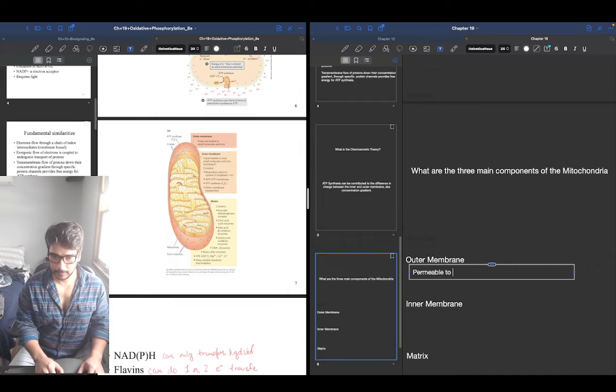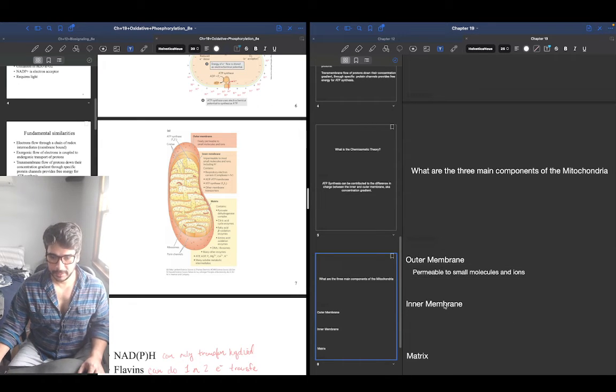Don't know why I wrote it that way. Okay, that's all the space that I need.